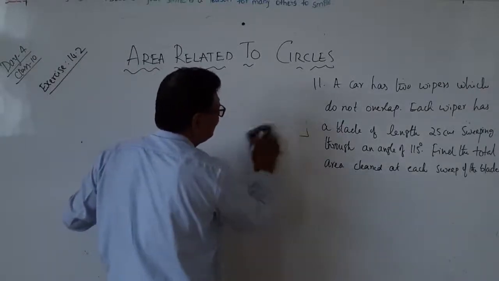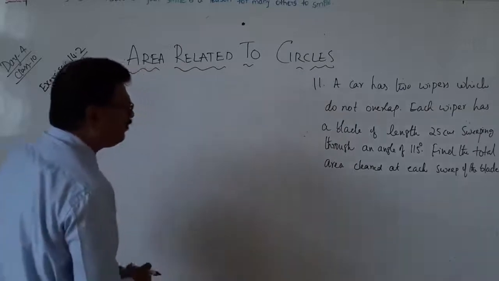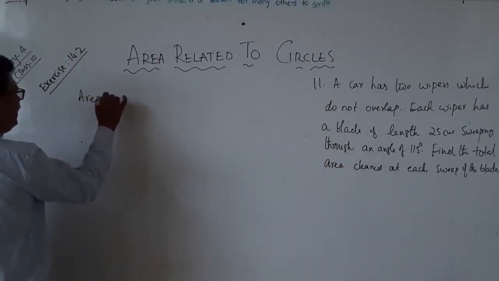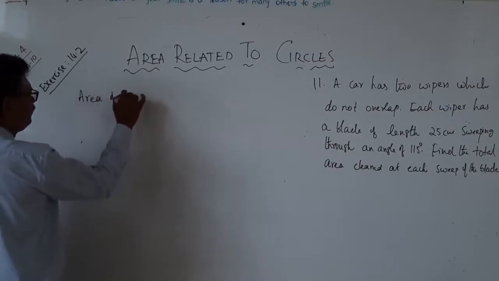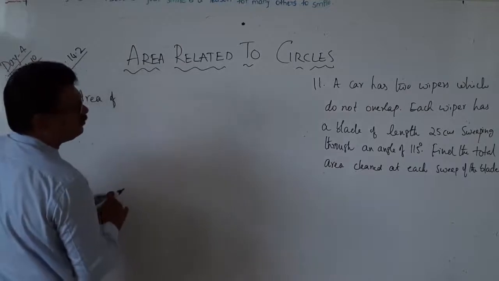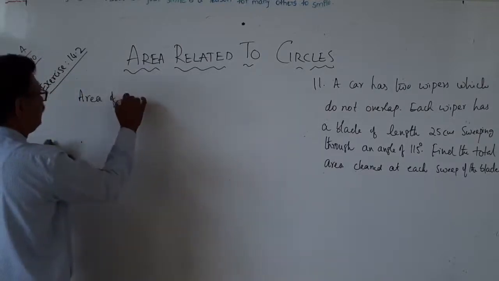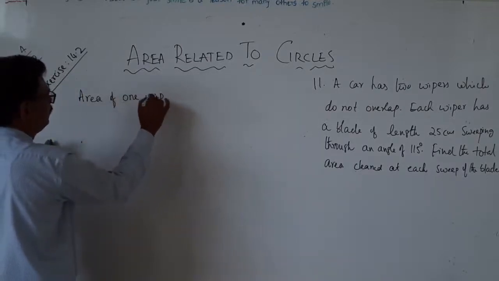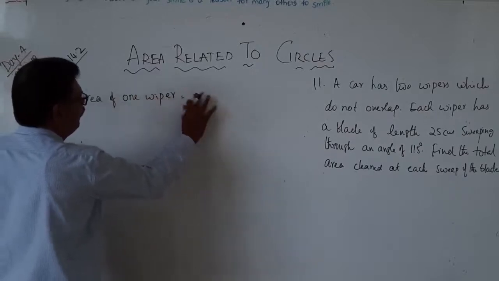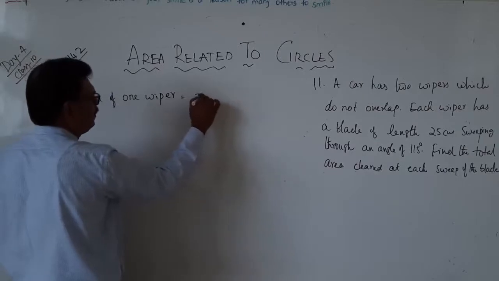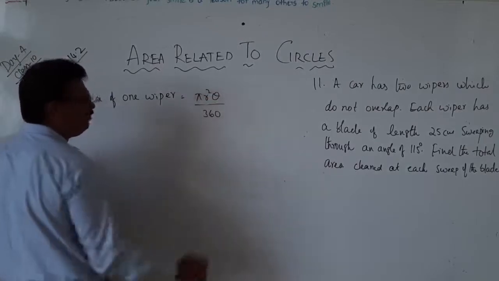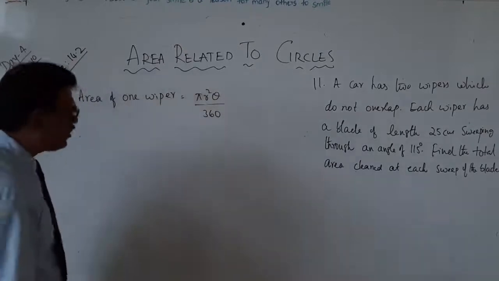Now, he has given everything, we have to find out only the area. That means the area of the sector, or area of one wiper, is equal to pi r square theta by 360, because it will be like a sector only.